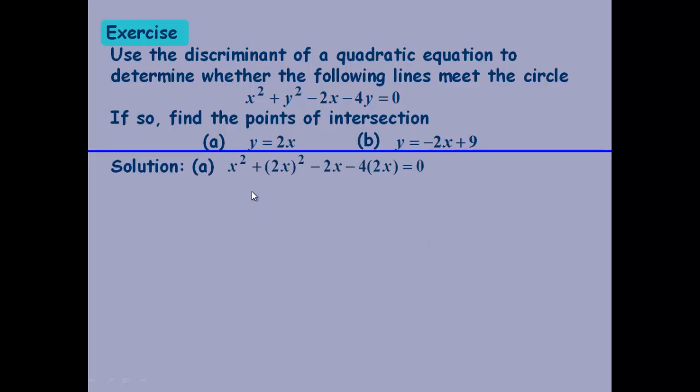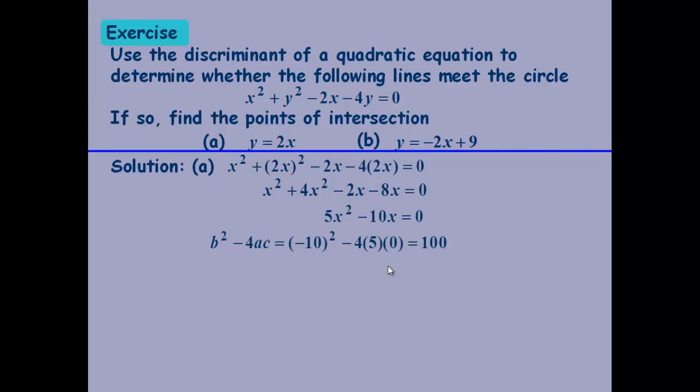So solution to the first one then. Same as before. If we put our y value, which is 2x in this instance, in for the y values here. Simplify.